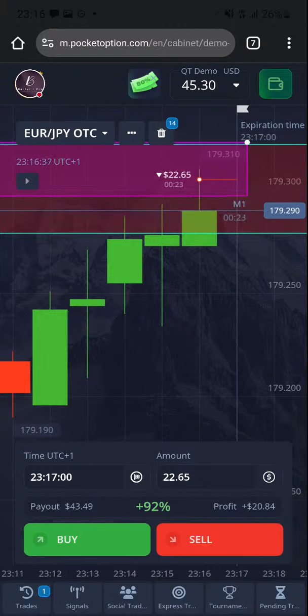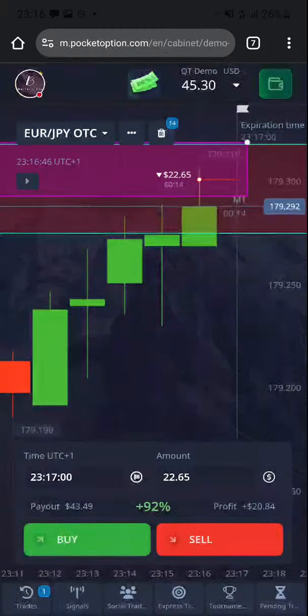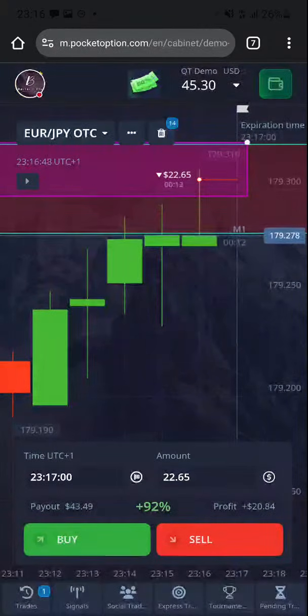Okay, I'm expecting a pullback from here. But you see, that gap down is the only problem I have with this trade. Apart from that, I don't have any other challenge with this trade.